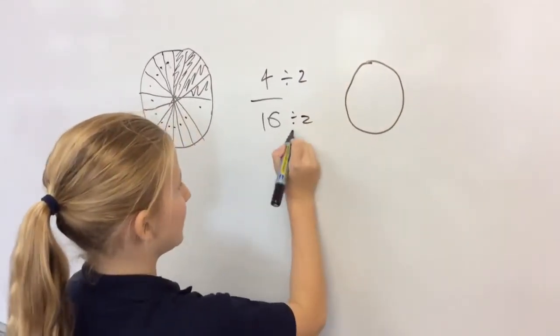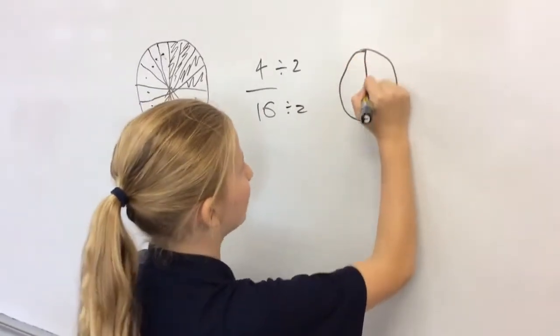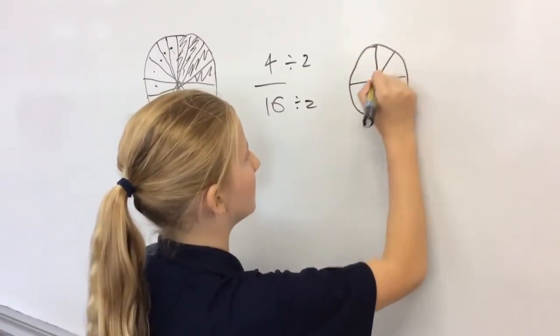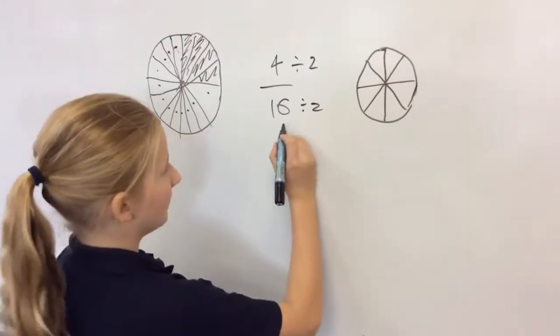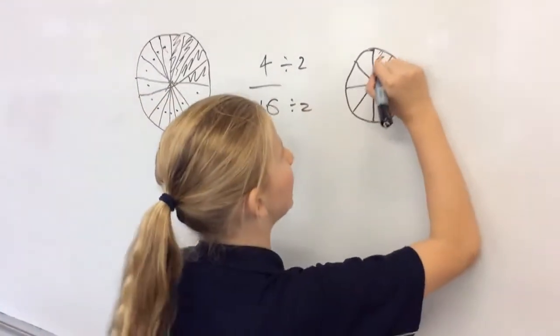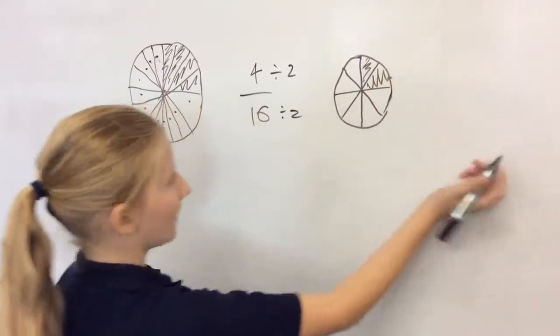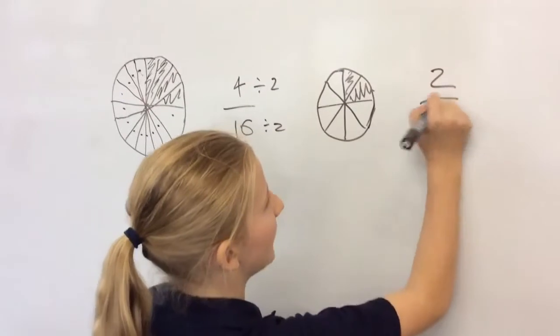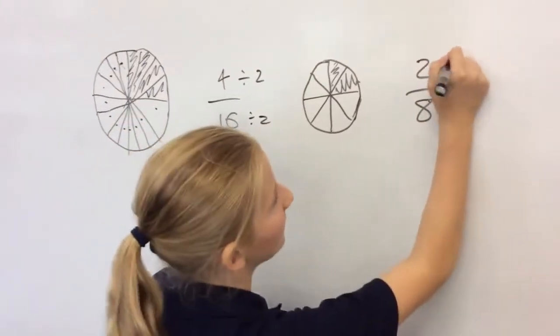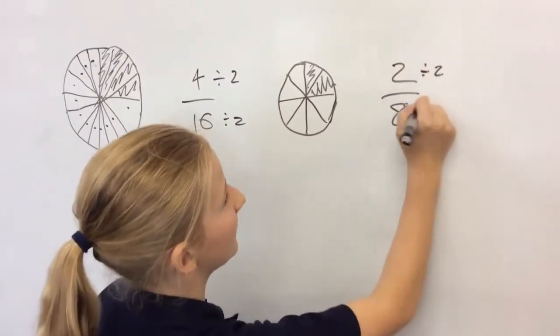So now 4 over 16 divided by 2, we're going to have half of 16, 8. So we're going to have 8 pieces, and we have 2 coloured in. So that's 2 eighths. And now we're going to do it by 2 again.